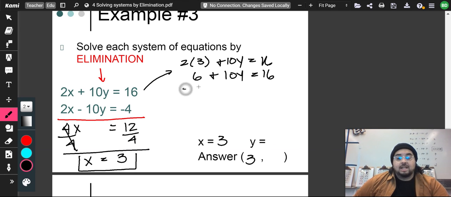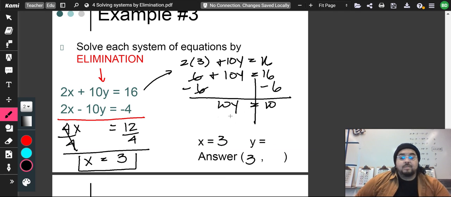I'm going to subtract 6 from both sides. Again, this is a two-step equation. So I'm going to start away from my variable. 10y equals 10. And my final step, I want y to be isolated, so I'm going to divide by the number in front, divide by 10.